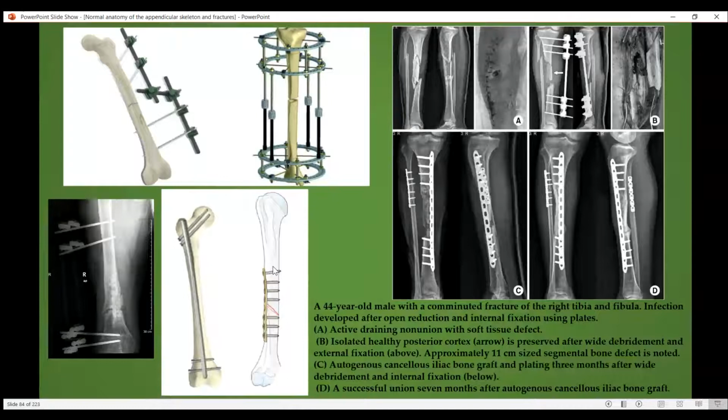You are going to open the person and then place these devices. There are two types of devices: internal fixation devices and external fixation devices. Sometimes on an x-ray you have to mark them as well. These are the external fixation devices, these are the internal fixation devices. That is what you have to learn here.